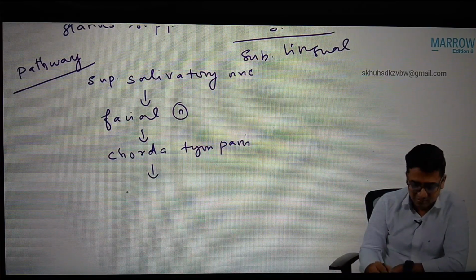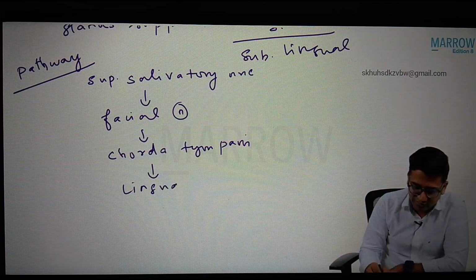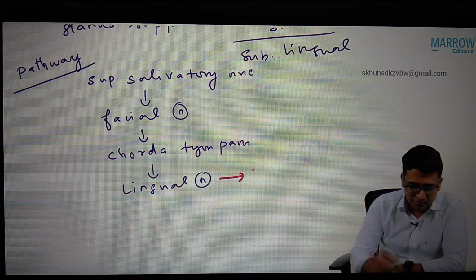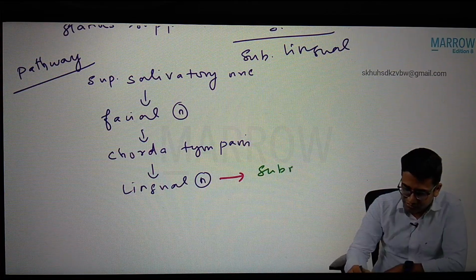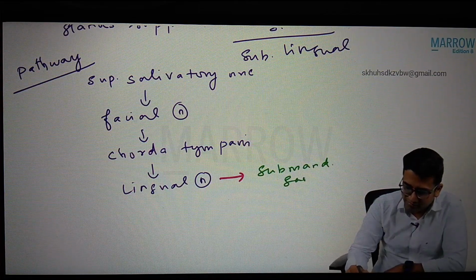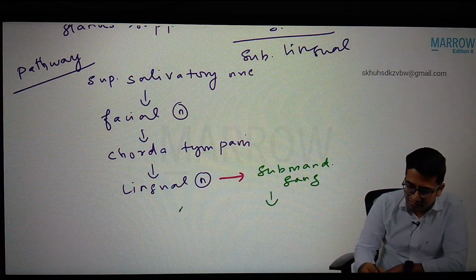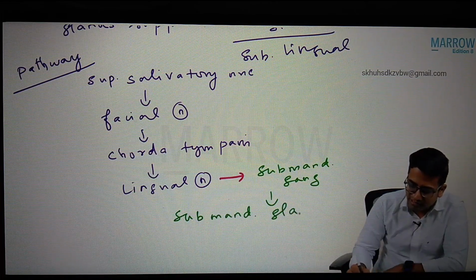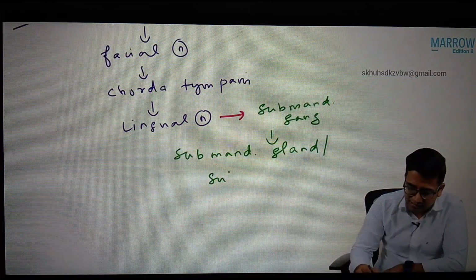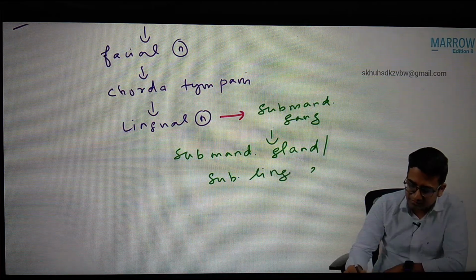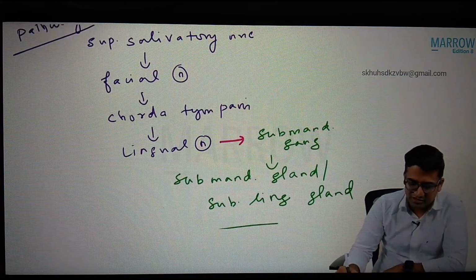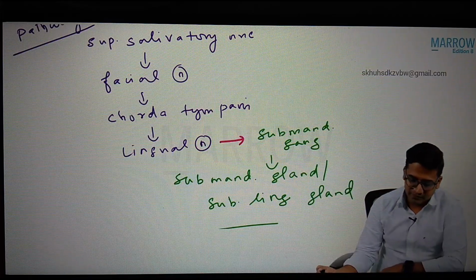From chorda tympani, the fibers join with the lingual nerve. From the lingual nerve, the fibers are given to the submandibular ganglion. From the submandibular ganglion, the fibers are given to the submandibular gland and sublingual gland. Okay, this is the parasympathetic pathway for the submandibular gland and sublingual gland.